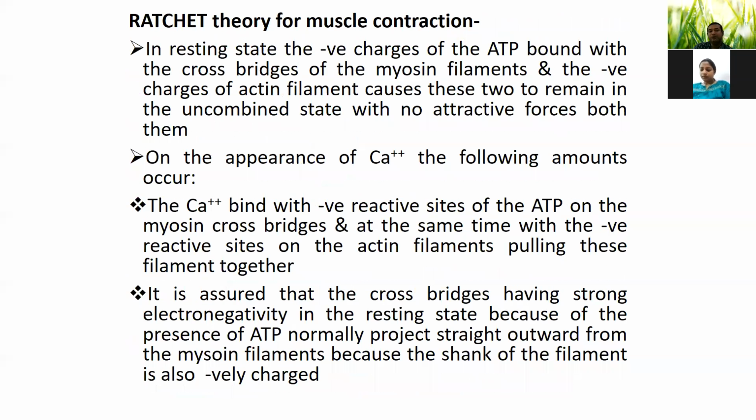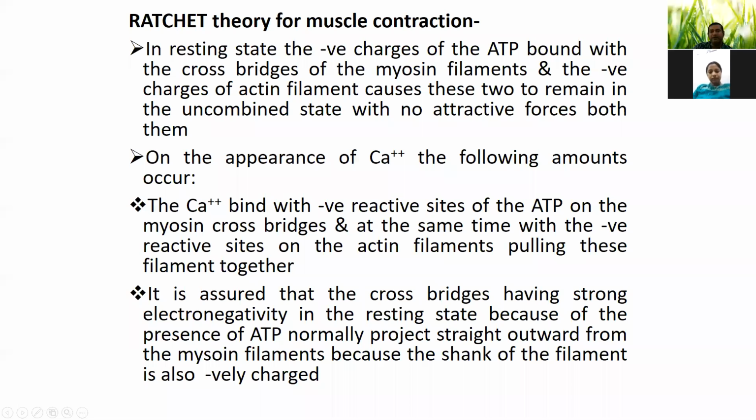There is one more theory, the ratchet theory, which explains muscle contraction. In the resting state, the negative charges of the ATP bound to the cross bridges of the myosin filaments and the negative charge of the actin filaments cause the two to remain in an uncombined state, with no attractive forces between them.